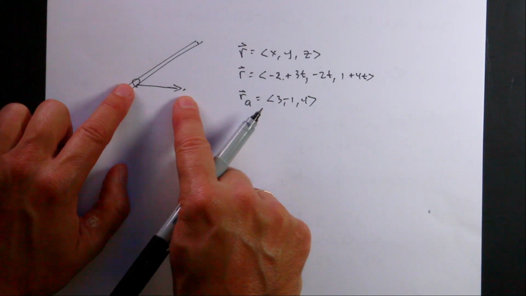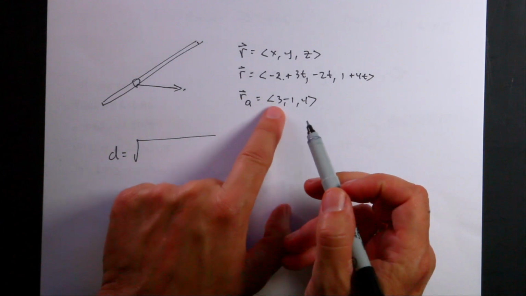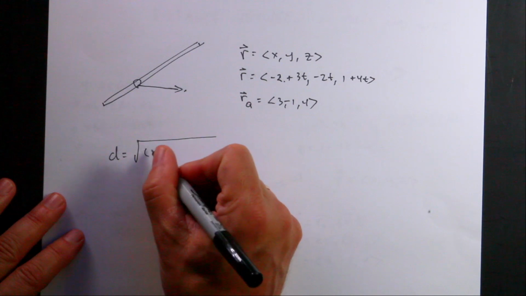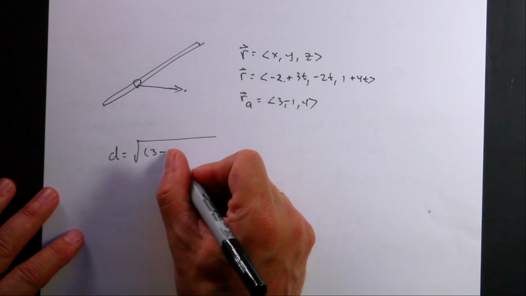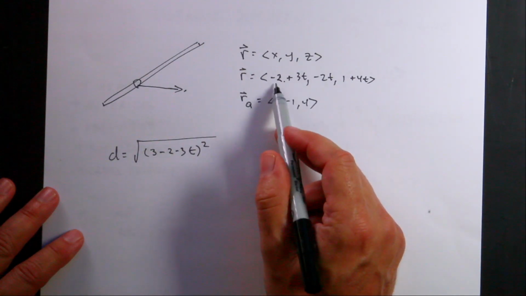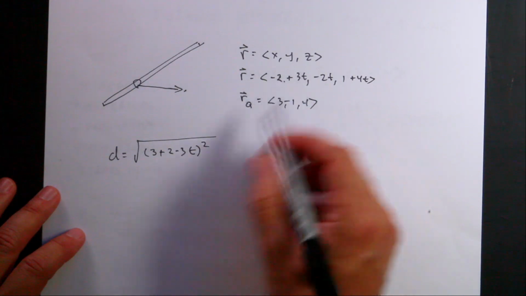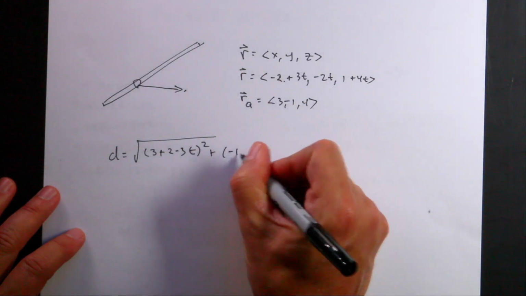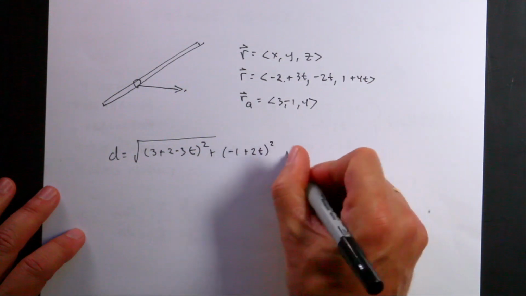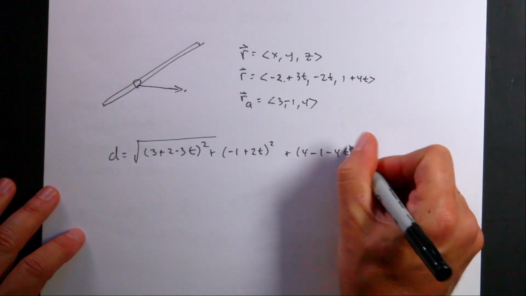So I can just use the Pythagorean theorem and say D is equal to the square root of this minus that squared. So I'm going to say 3 minus 2 minus 3t squared, right? Because I have to, 3 minus, let's be plus. 3 minus this, yeah. Plus -1 minus -2, so plus 2t squared, plus 4 minus 1 minus 4t squared.